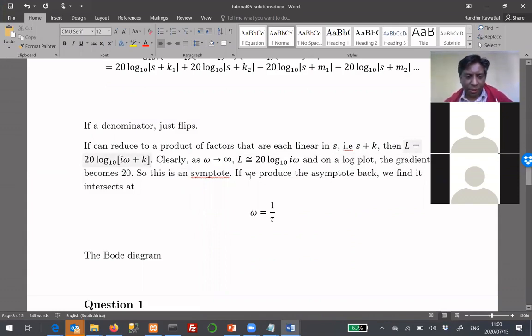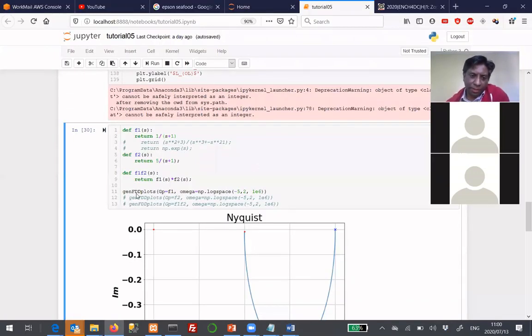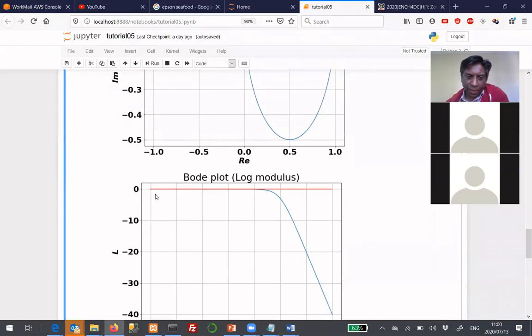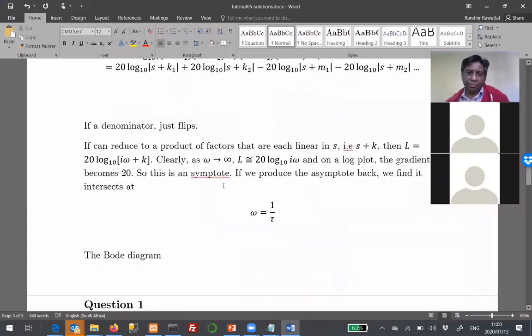So it's the log of 1. So log of 1 is of course 0. So for low values of omega, we are at 0. And then as omega passes a certain value, when omega becomes large enough, then i omega dominates K. And so this term becomes approximately 20 log 10 i omega.